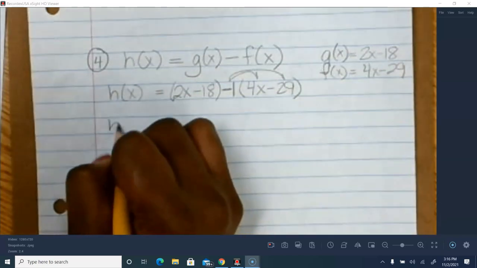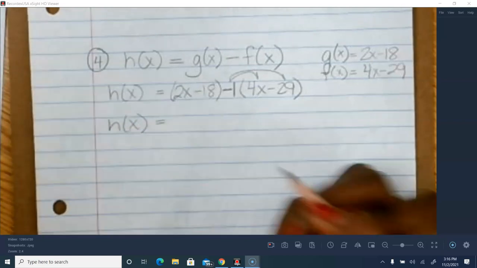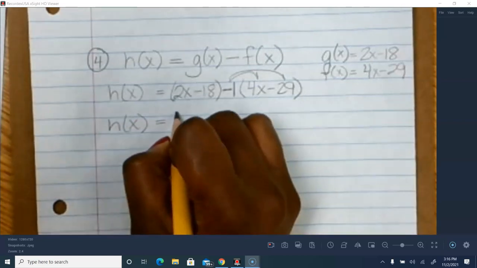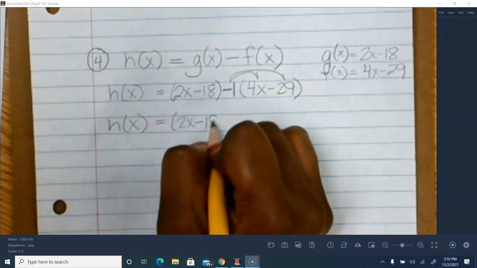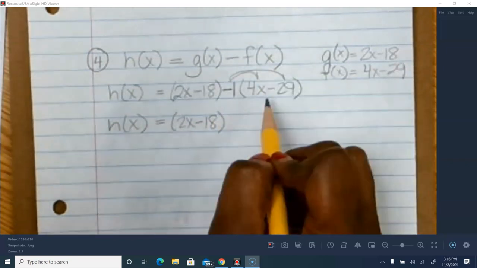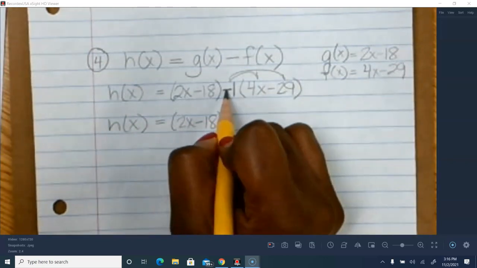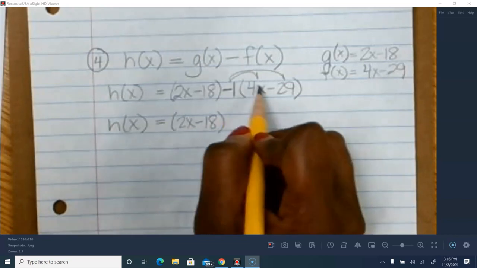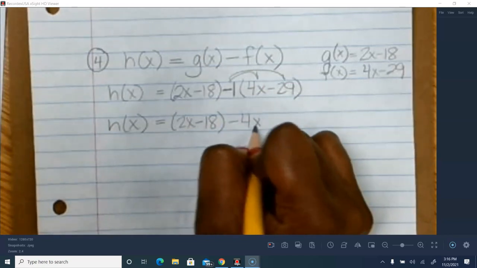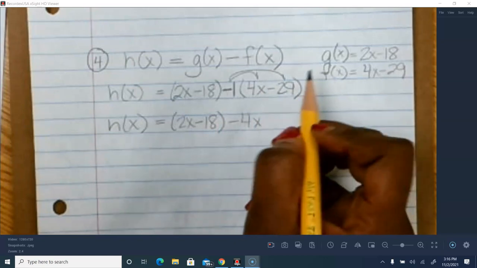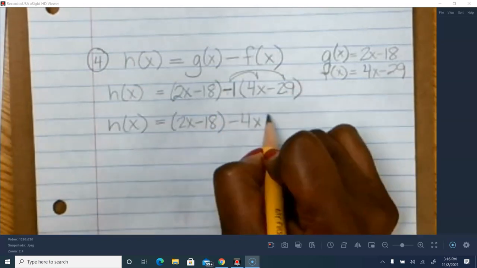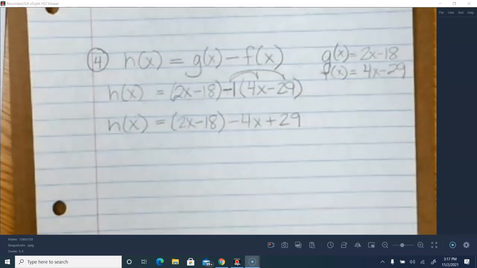So I'm going to have h of x is equal to 2x minus 18. And now I'm going to apply this -1 by multiplying. Negative times a positive is a negative. -1 times 4x is negative 4x. A negative times a negative is a positive. -1 times negative 29 is a positive 29.